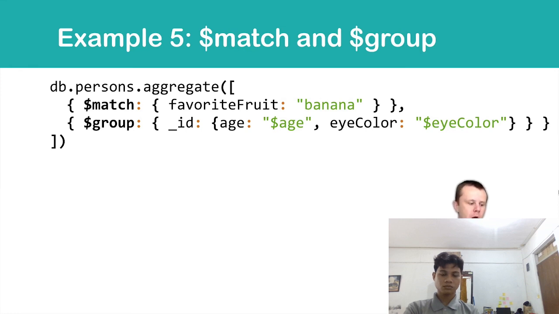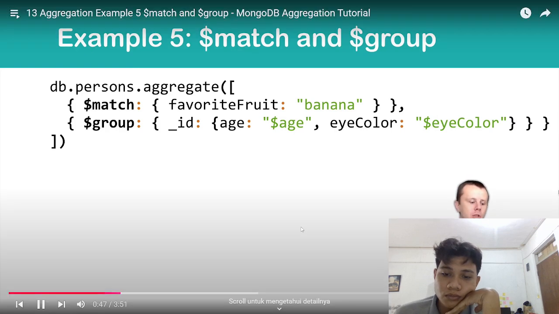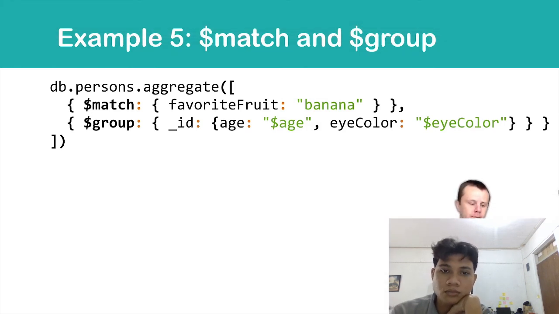So remember that all documents in the person's collection will go to the match stage first. We will filter and find only documents with favorite fruit banana, and then the resulting documents will go to the group stage. And group will produce brand new documents that will contain all possible combinations of age and eye color of the documents that came out from the match stage.